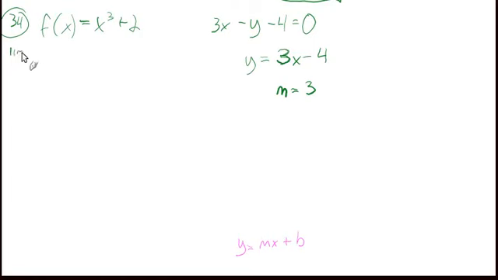So that's the limit, that whole limit thing, of x plus delta x cubed plus 2, that's f of x plus delta x, minus f of x, x cubed plus 2, no fancy frills or anything, just plain old f of x, all over delta x.